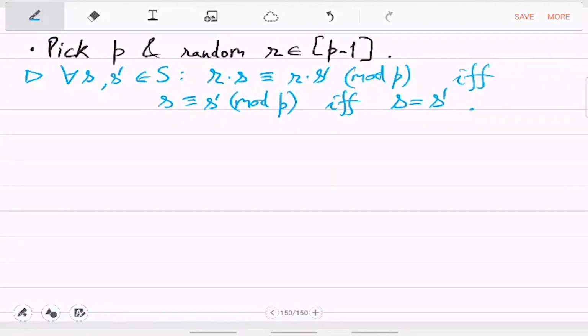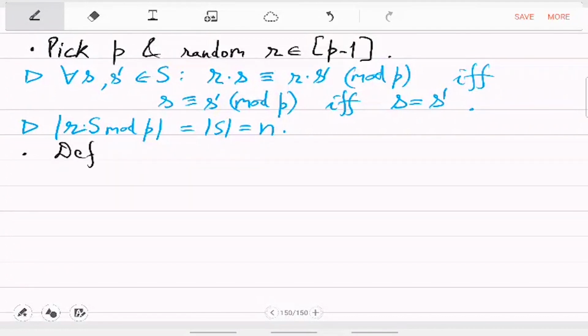In other words, when you scale up all the numbers in S by R and then reduce modulo P, you still get distinct numbers. Let us just remember that. So this means that R S mod P has the same cardinality as before, still n. This will be very important actually.